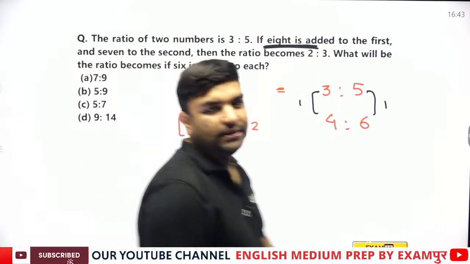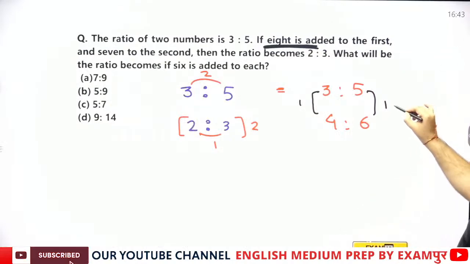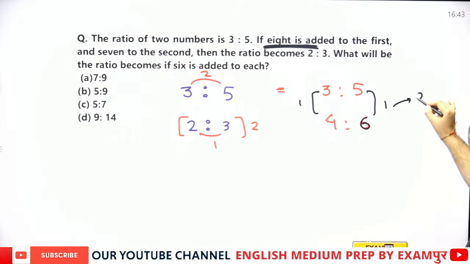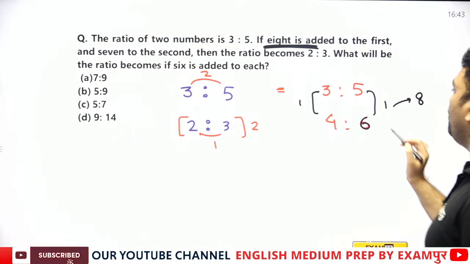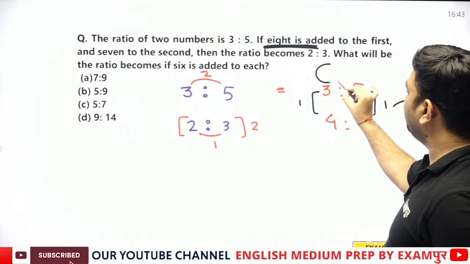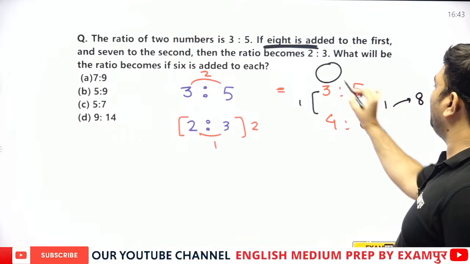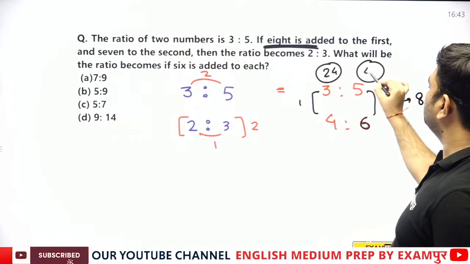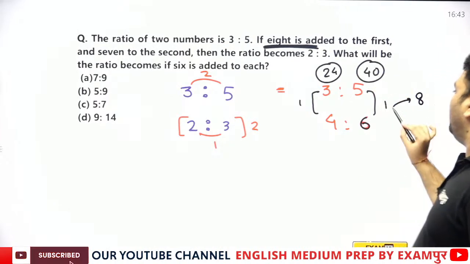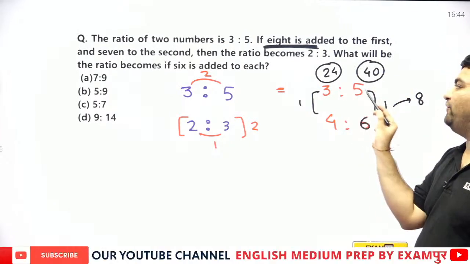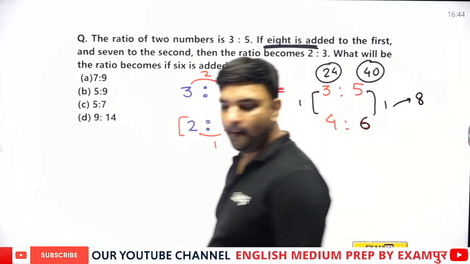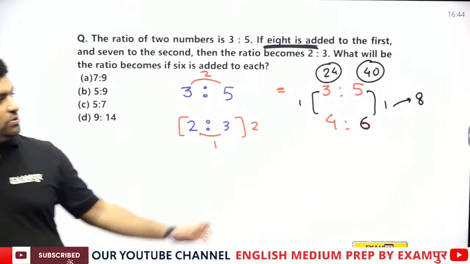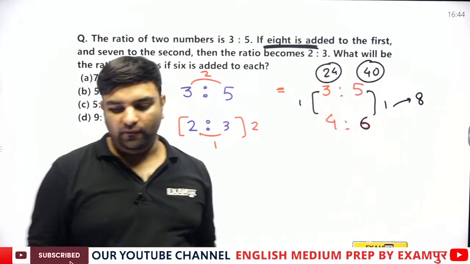So 1 is equal to 8. So the original numbers are, if 1 is 8, 3 is 24, and 5 is 40. So the original numbers are 24 and 40.